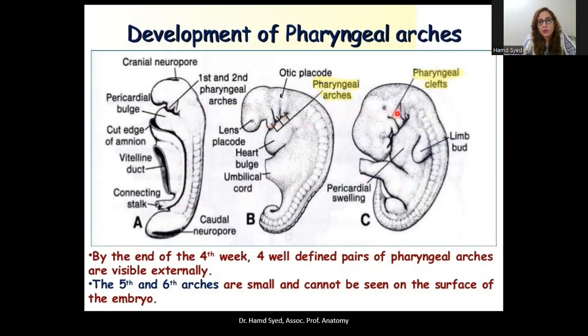And between these pharyngeal arches, if you look over here, are the grooves known as pharyngeal clefts. So by the end of the 4th week, remember, 4 well-defined pairs of pharyngeal arches are visible on the external surface of the embryo. So the 5th and 6th are small and they cannot be seen on the surface of the embryo.